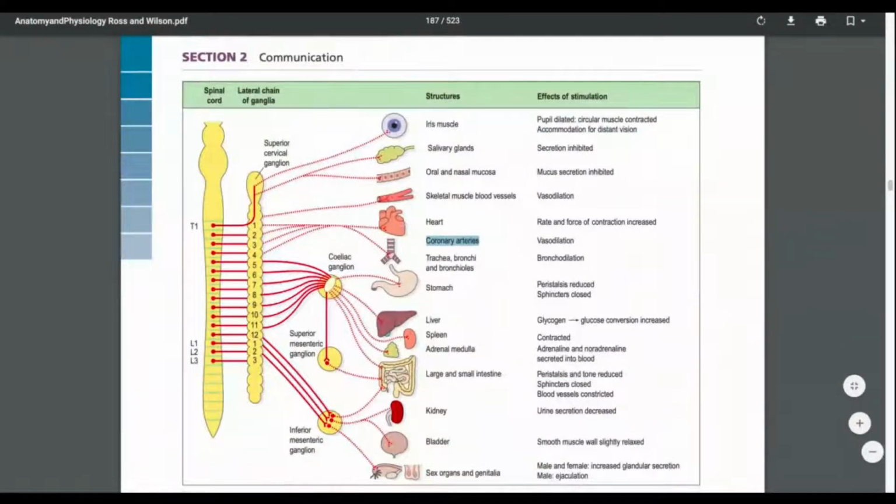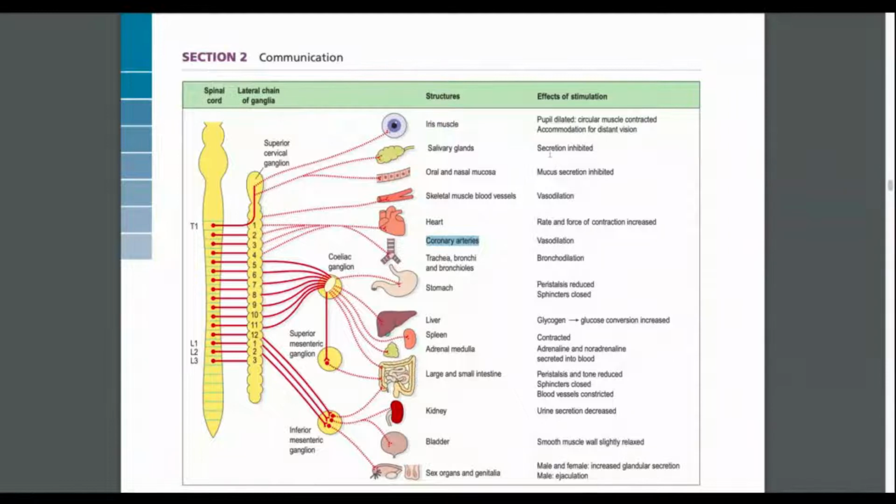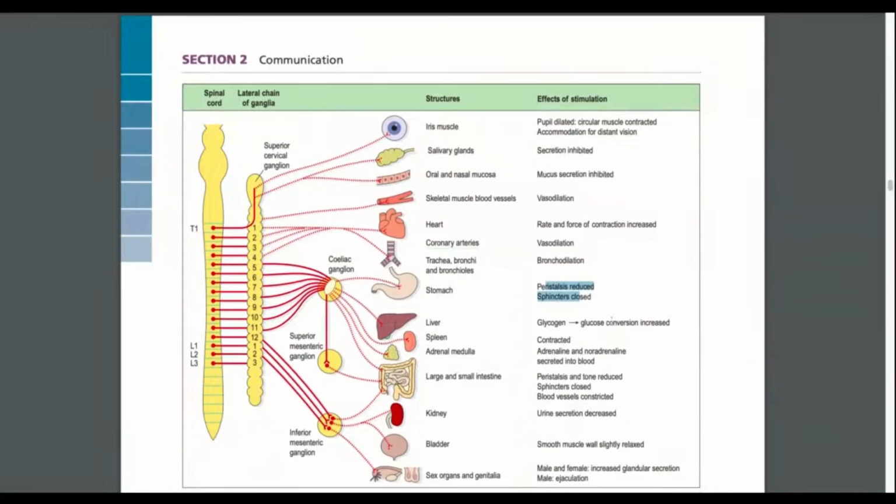The sympathetic will dilate the pupil, reduce the salivary gland secretion, reduce the oral secretion, do vasodilatation of the blood vessels, increase the heartbeat, and dilate the bronchus, reduce the peristaltic movements.